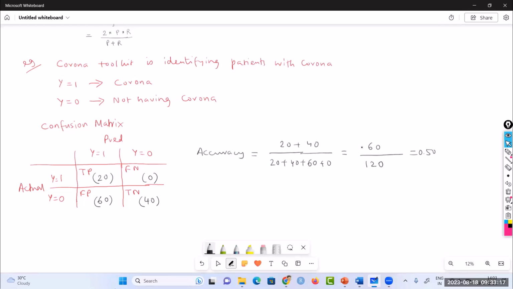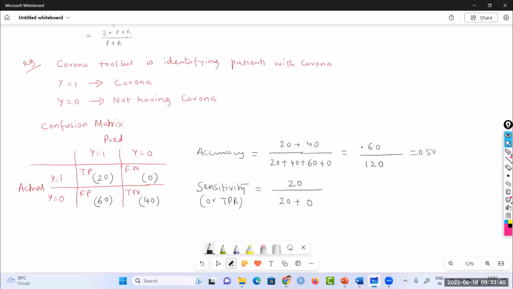Now, if I calculate this sensitivity or true positive rate, that means out of actual true, so 20 plus 0, how many are predicted as true?